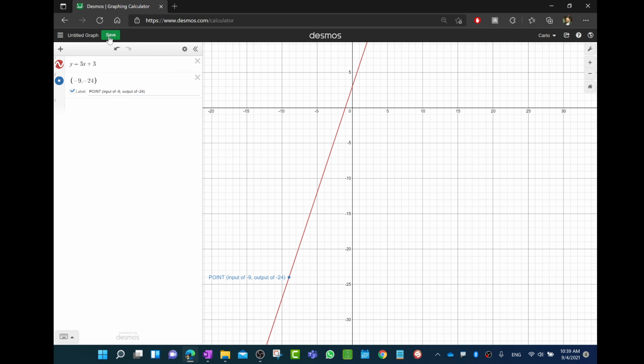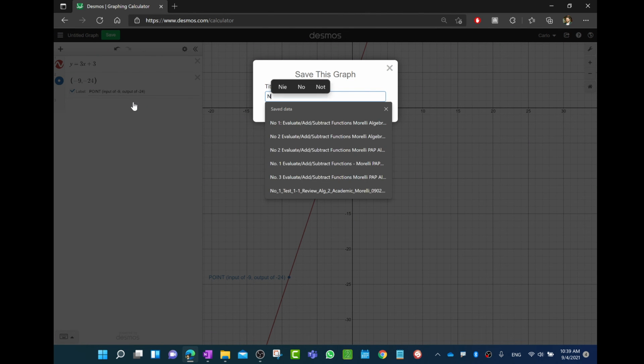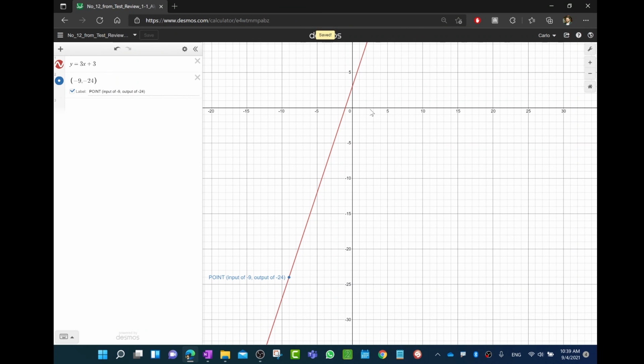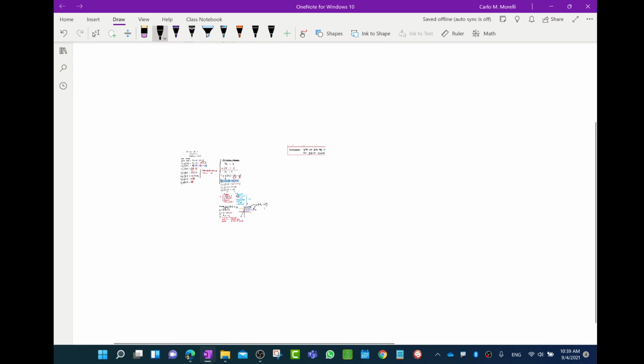I'm going to save this graph as number 12 from test review 1-1 Alg 2 academic Morelli, and then today's date 09/04/2021. Let me save that, and let me share it and paste it into the OneNote so that you have access to this.